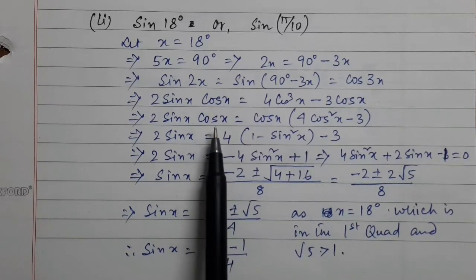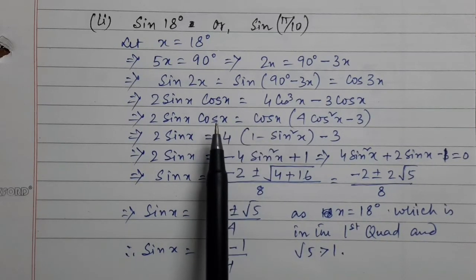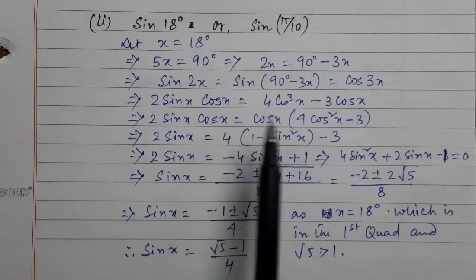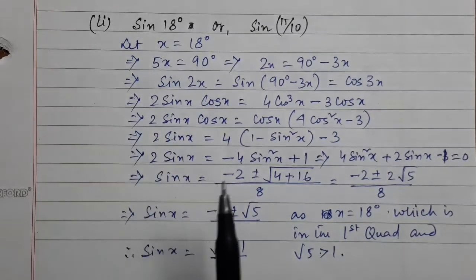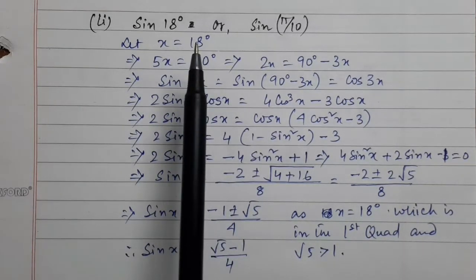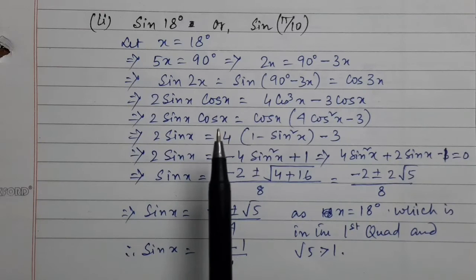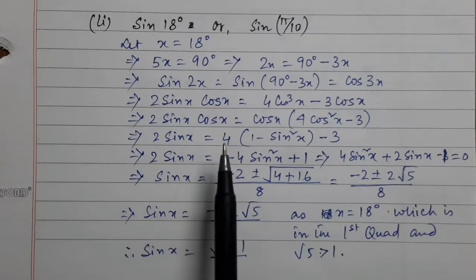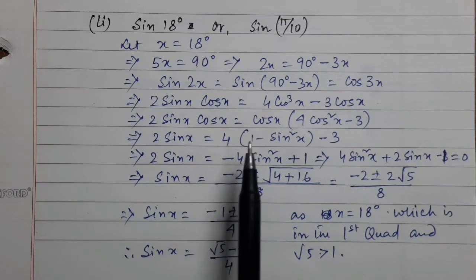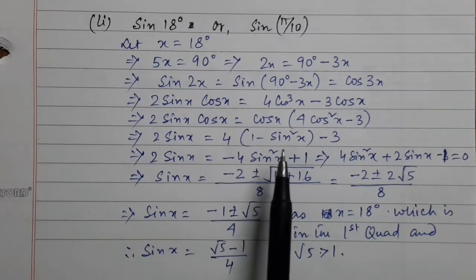Now from this we can cancel this cos x. Since cos x can never be 0 at x equals to pi by 2, x equals to 18, it can never be 0. So therefore 2 sin x will be equals to 4 into 1 minus sin square.